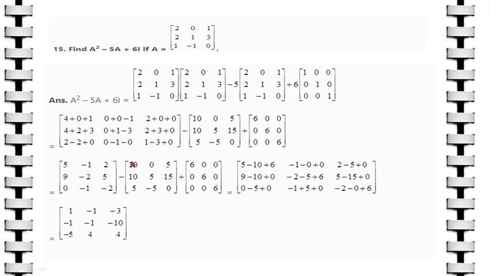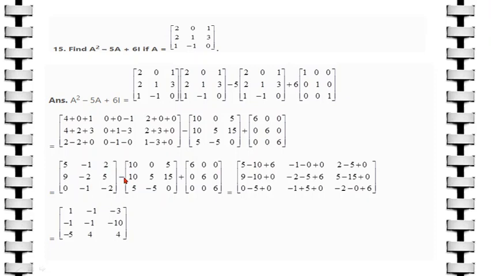5 minus 10. 5 minus 10 means minus 5. Minus 5 plus 6. It means 5 minus 10 plus 6. What are we going to get? 5 minus 10 minus 5 plus 6, that is 1. Next element minus 1 minus 0 plus 0.